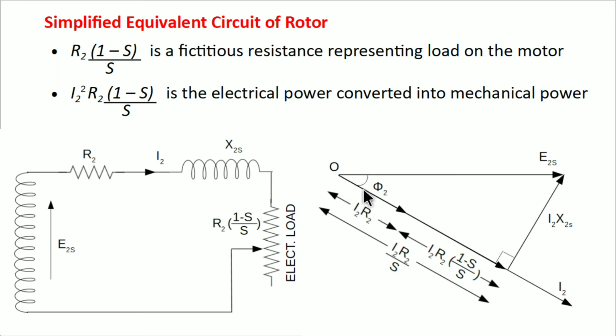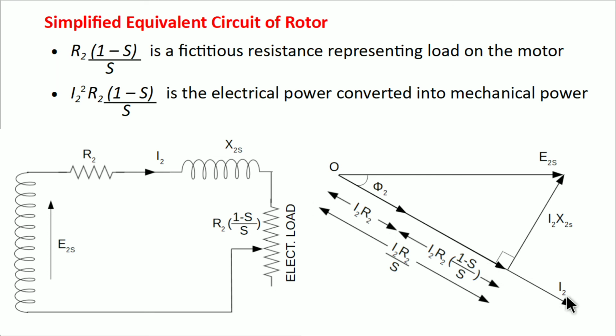If we take current I2 as the reference vector, the voltage drop in this resistance, I2 into R2, is represented parallel to the current, on the line of the current. And the voltage drop in this resistance, I2 R2 into (1 minus S) over S, is on the same line.